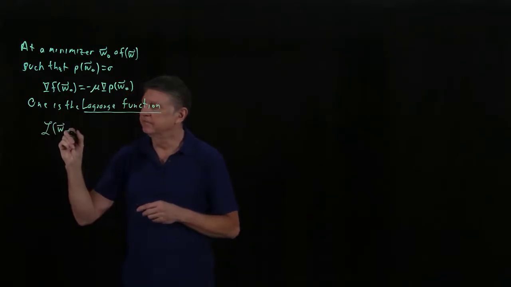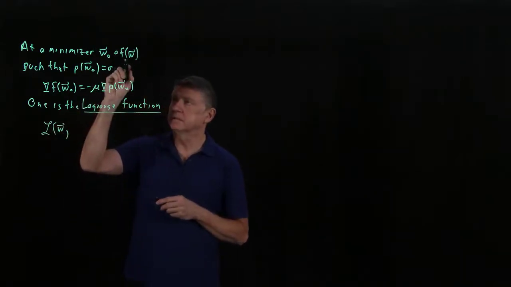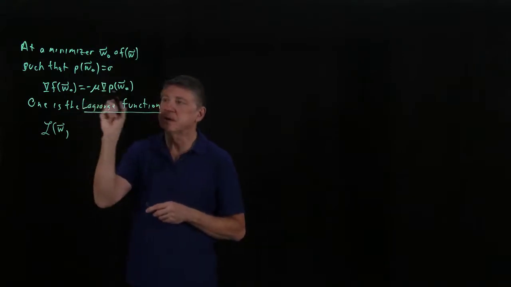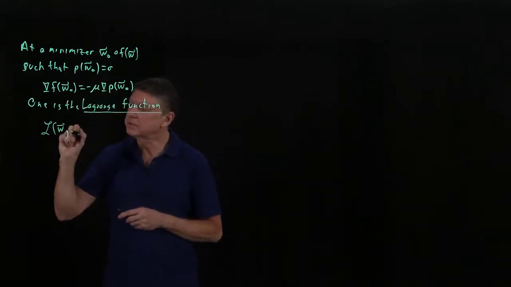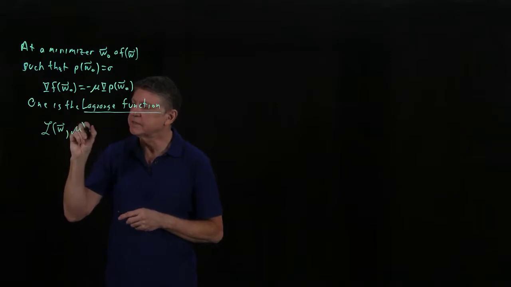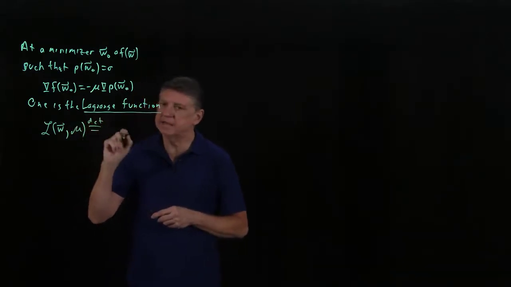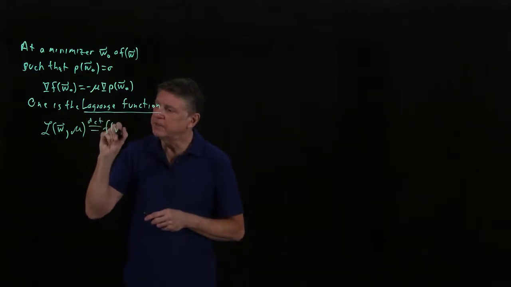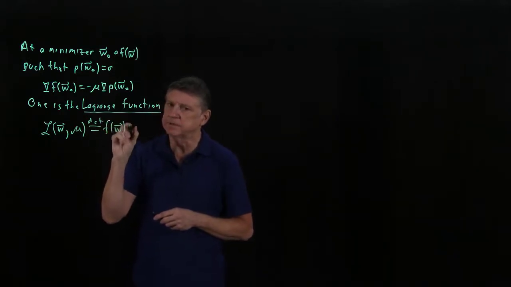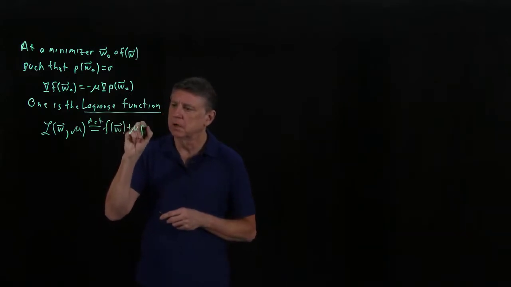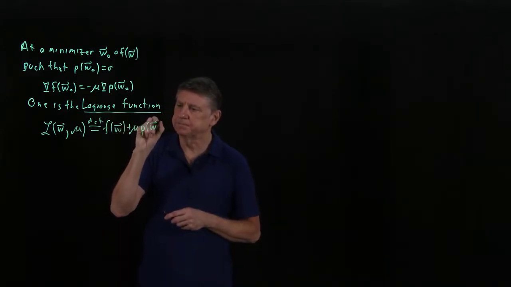The Lagrange function of this problem is usually written as a script L. It has the vector argument that the objective has, and in this case we only have one property, one constraint, so we'll write that as a scalar mu. We define it simply by taking the objective function and adding some scalar multiple of the property function.